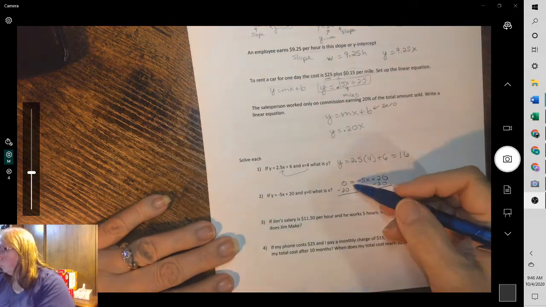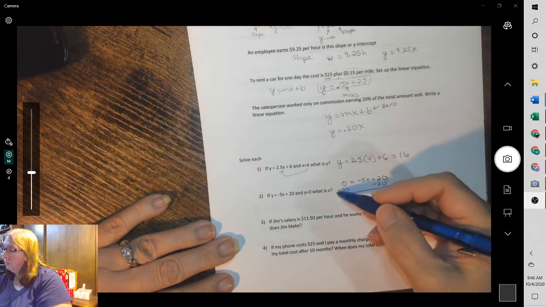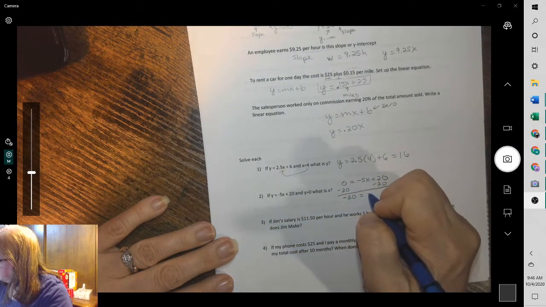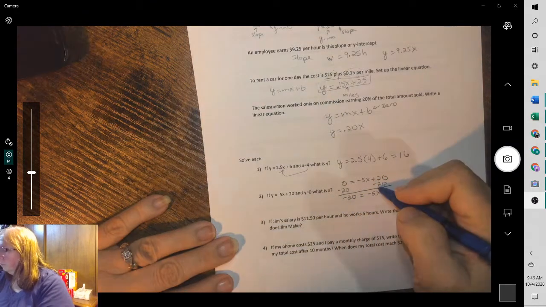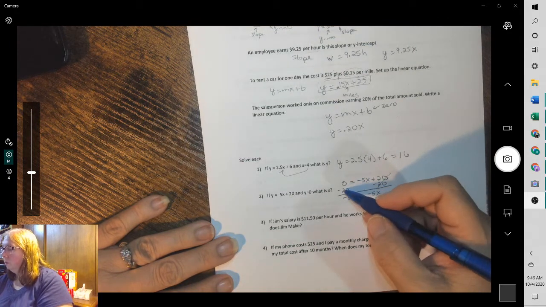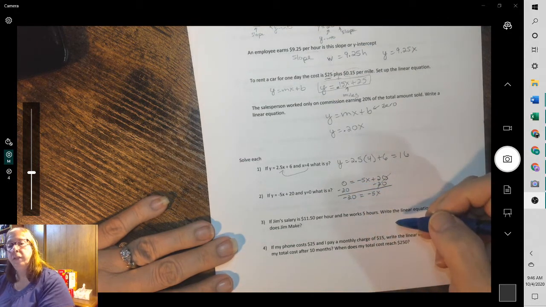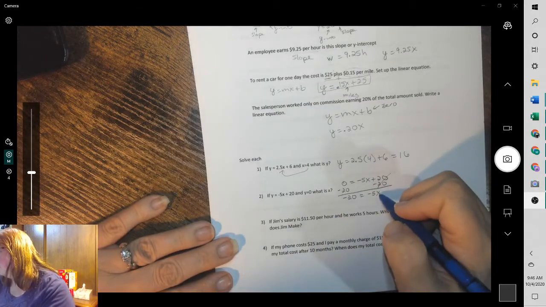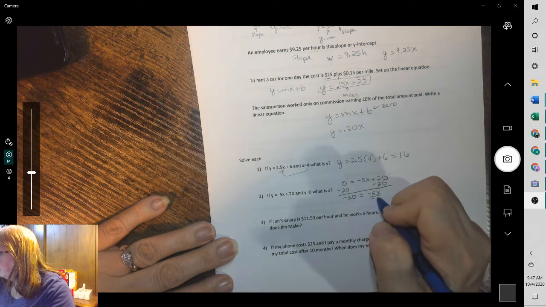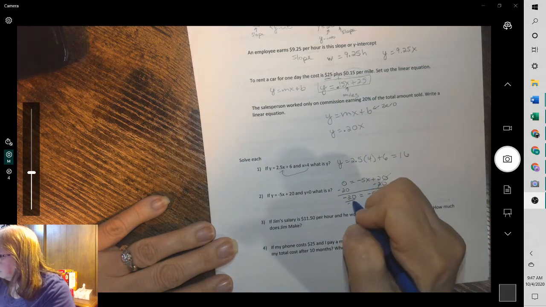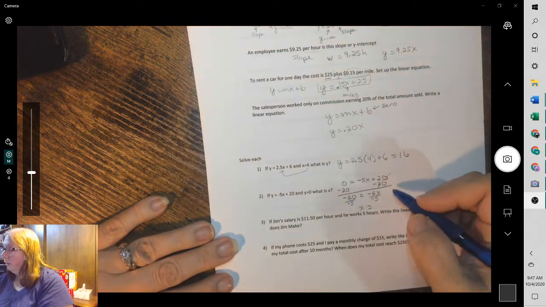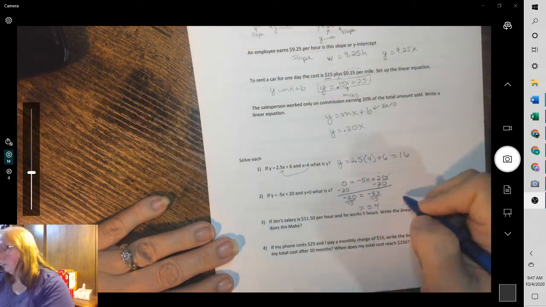And what you do to one side of the equal sign, you have to do to the other side. So the 20s cancel and leave negative 5x here. 0 minus 20 is a negative 20. Still trying to get x by itself. To get rid of it, since this is multiplied, we divide. So x equals 4.